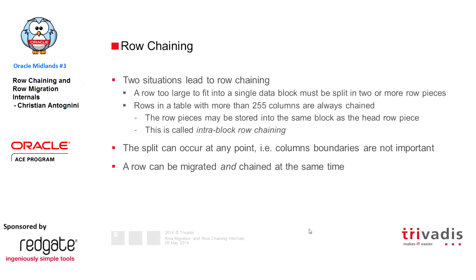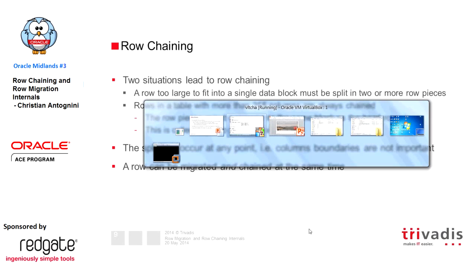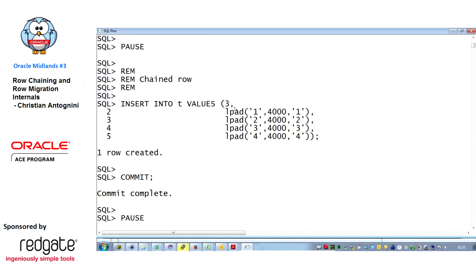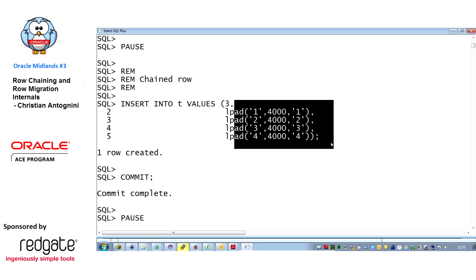Basically, you have row chaining in 2 situations. First, one row piece is not enough, because one block doesn't have enough space to store a row. The case I showed you before: for example, a row that is 12 kilobytes, and I'm using an 8 kilobyte block, or 16 kilobytes.